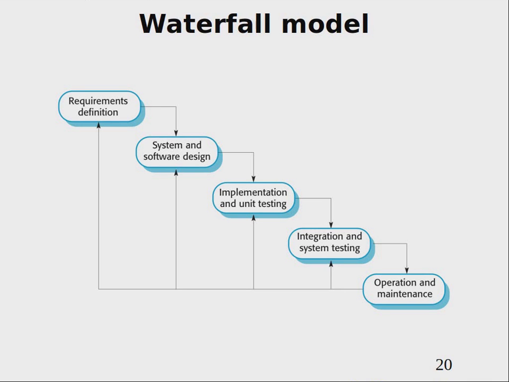One of these prescriptive models, which we will go into in detail later, is, for example, the waterfall model. Why is it called the waterfall model? Because here time flows from left to right, dependencies flow from top to bottom, and you may imagine that all these large activities are something like buckets, and you fill them with water.